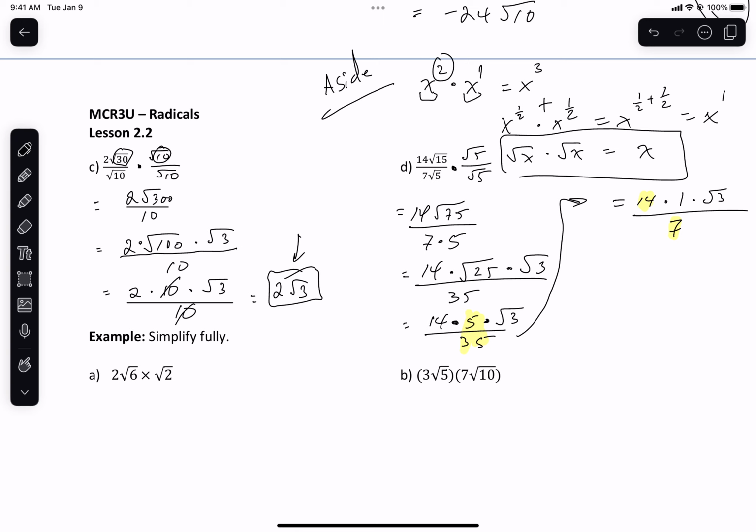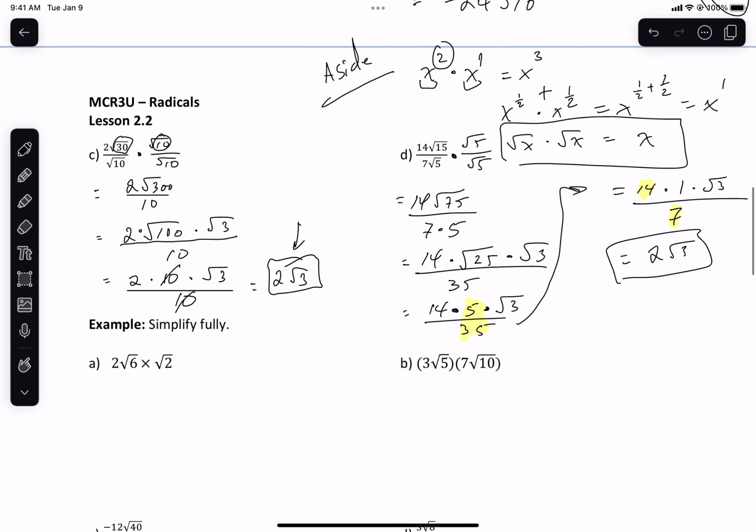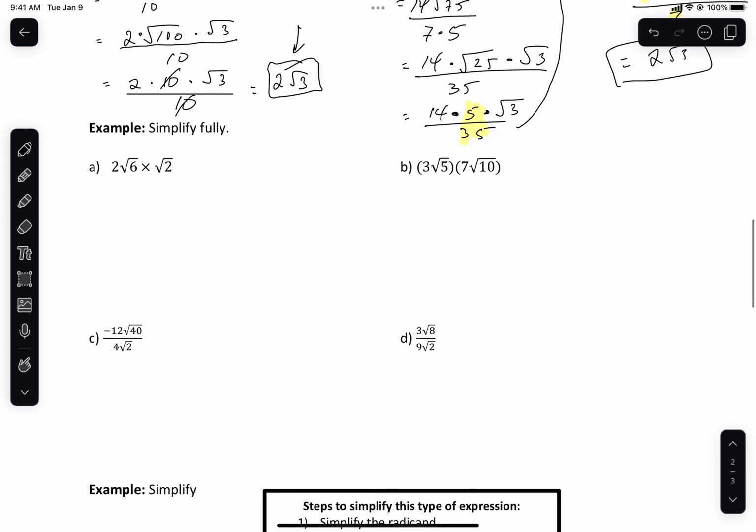These questions are going to be designed from the standpoint where you can do them without a calculator, where they're going to work out. So we should get, who would have thought, okay, I like this because who would have thought this would have shaken out to be 2 root 3? Well, there you go. Okay, simplify fully.